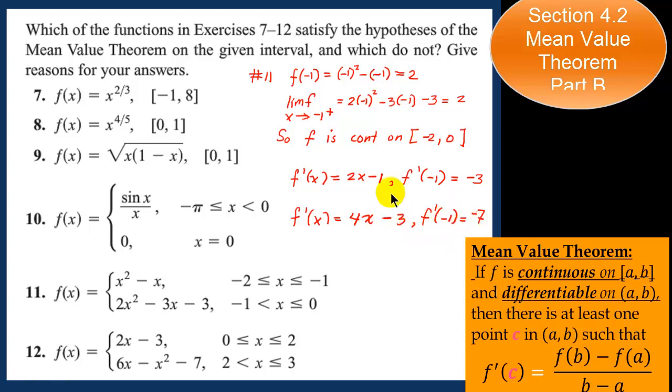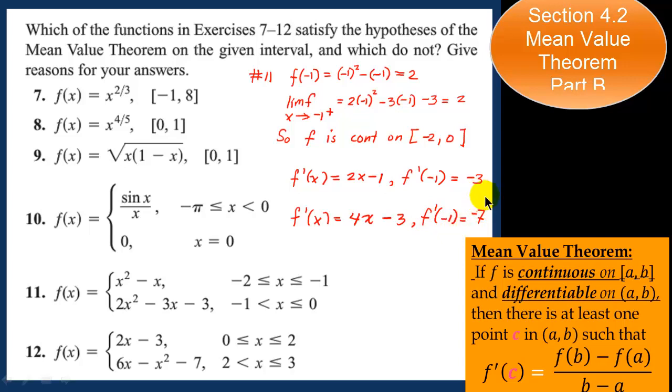What does this tell us? This means that their derivatives are not the same. On the left side of -1, this is its derivative. On the right side of -1, this is its derivative.